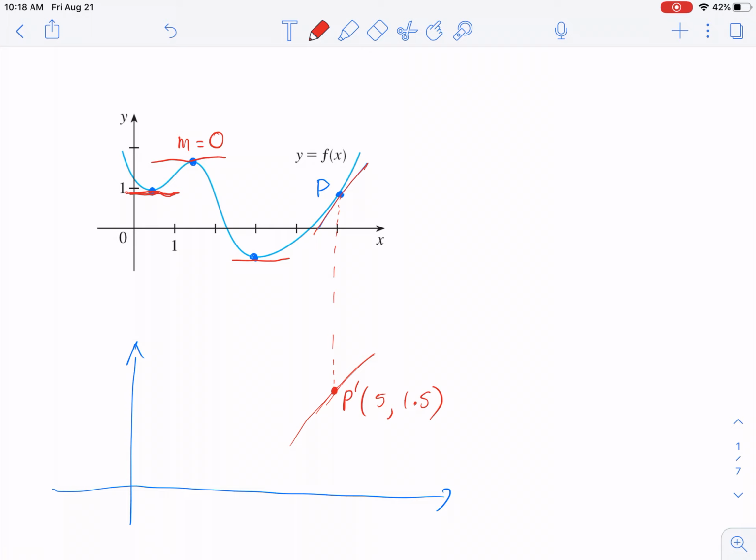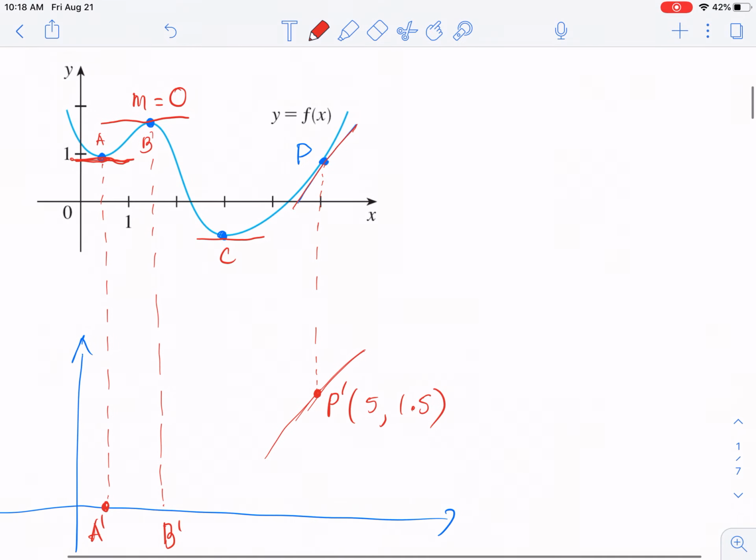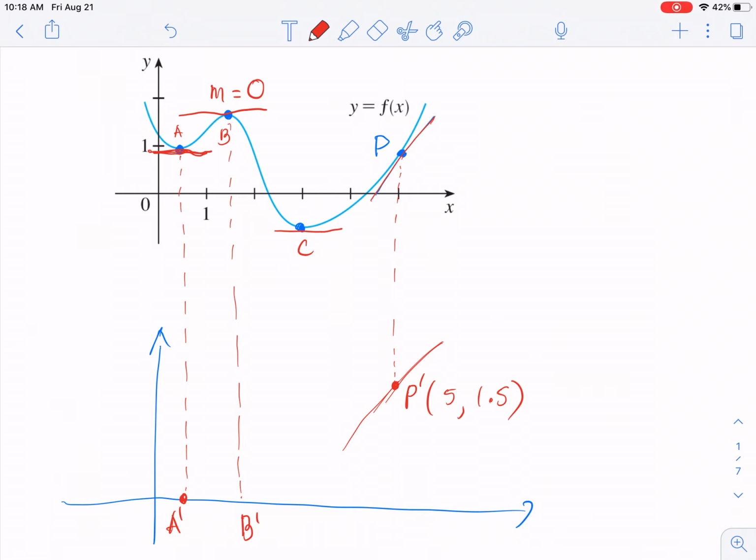So at these points, the slope is going to be 0. This is A, this is B, and this is C. This is going to be A prime, this one right here is B prime, and this one right here is C prime.